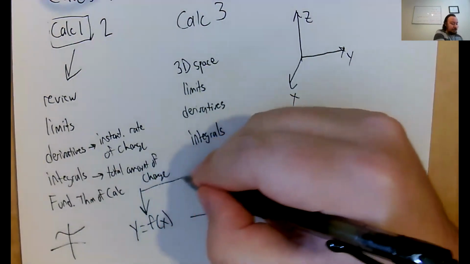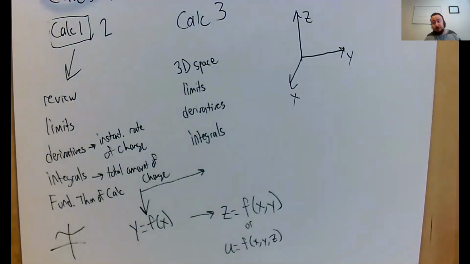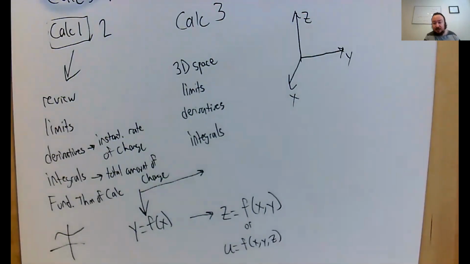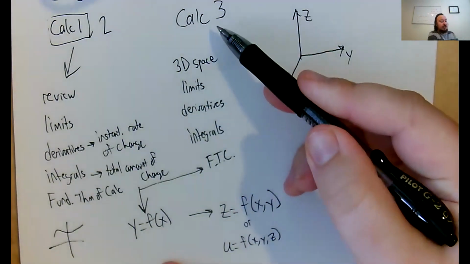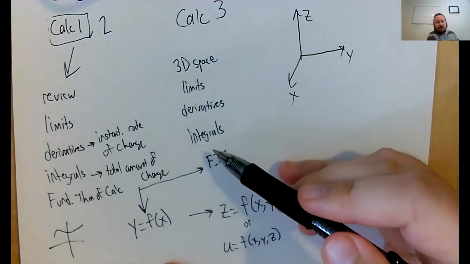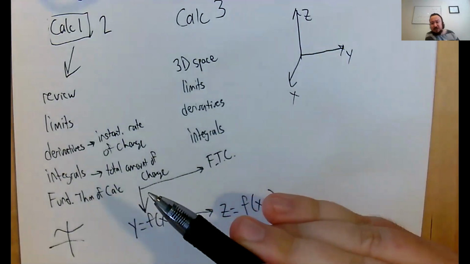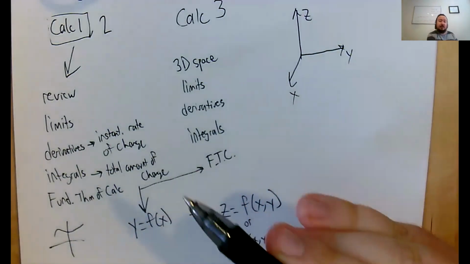So we're going to have new versions, and it's versions plural, so that's going to be kind of interesting. We're going to have new versions of the fundamental theorem of calculus, FTC. So essentially, whenever we're doing something in Calc 3, we probably already did something similar to it in Calculus 1.